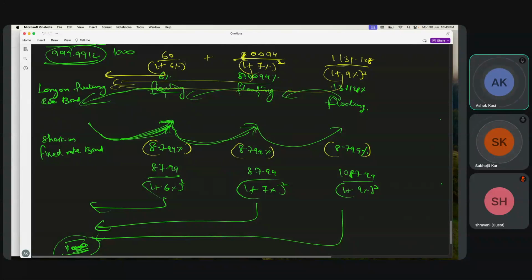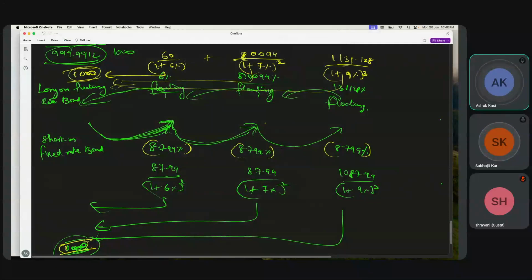There is 1131.128, right? It's 873.4383. Now you add up all these numbers. Yeah, 999.999, so that means 1000. So I am paying 1000 and I'm receiving 1000. So that's why the swap value is 0.